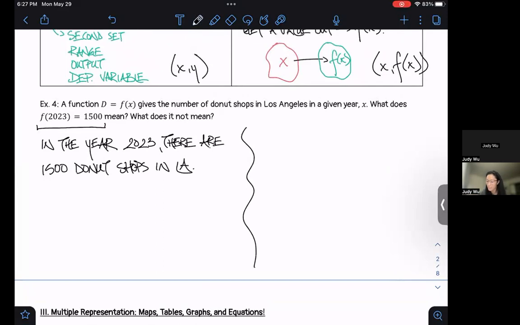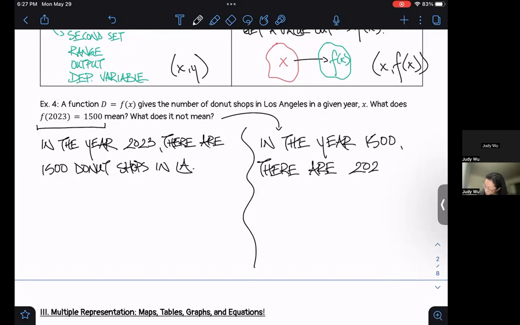Now, what does it not mean? Right? What does it not mean? I'll give you some time to think about some things that it might not mean. But here's one thing. In the year 1500, there are 2,023 donut shops in LA.